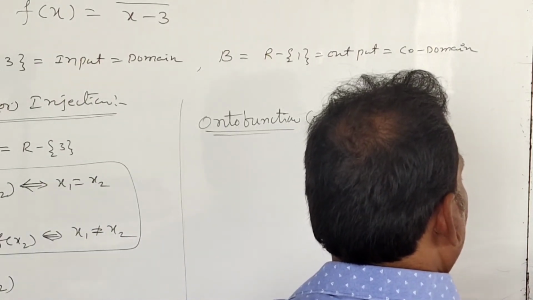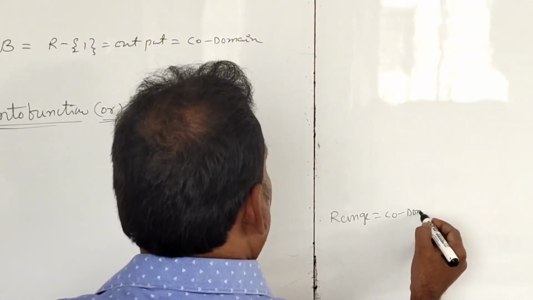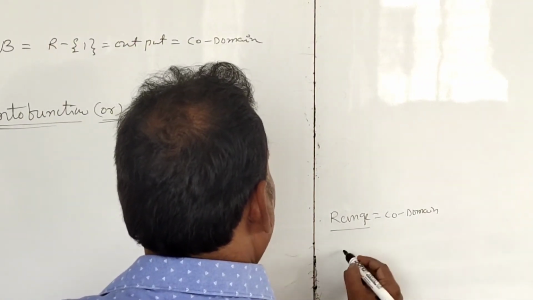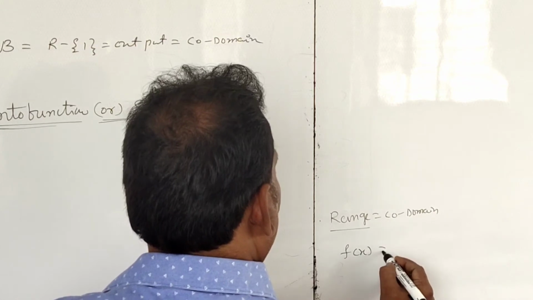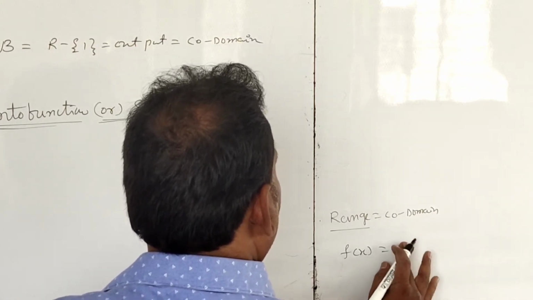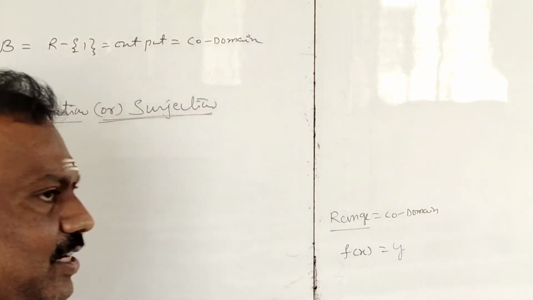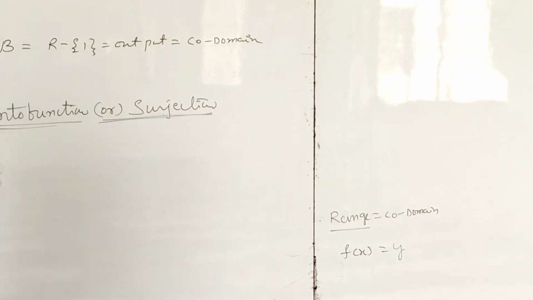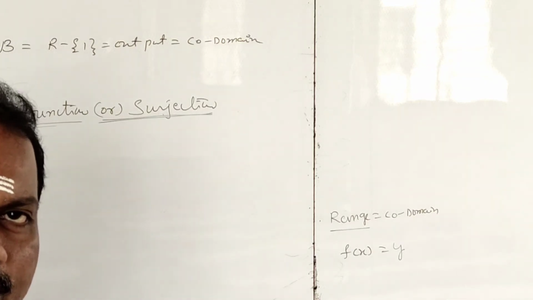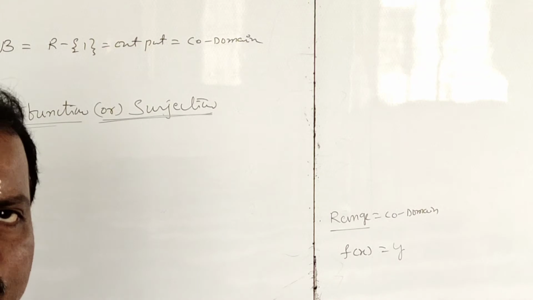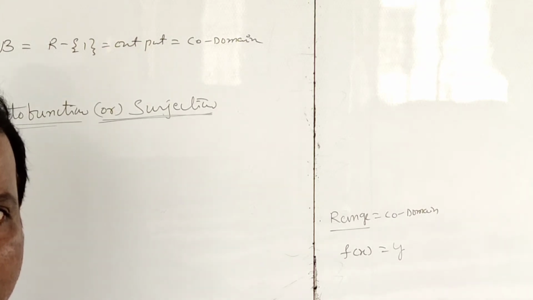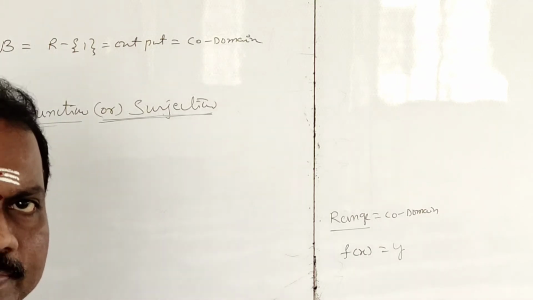Correct or not? Range means f of x. Codomain means B, which is y. So what is the exact definition? For every element of set B, there exists at least one pre-image in set A. Only that is the meaning.